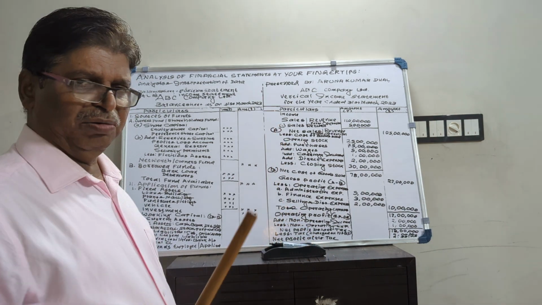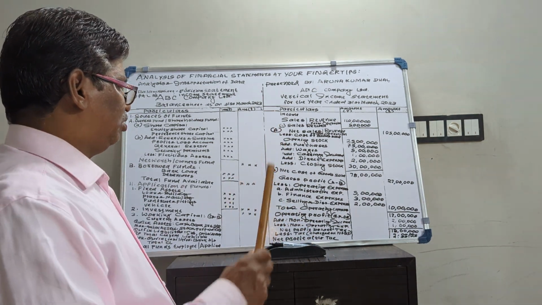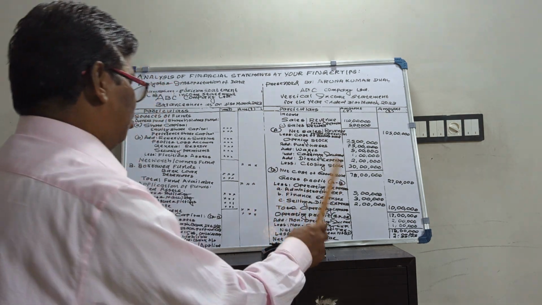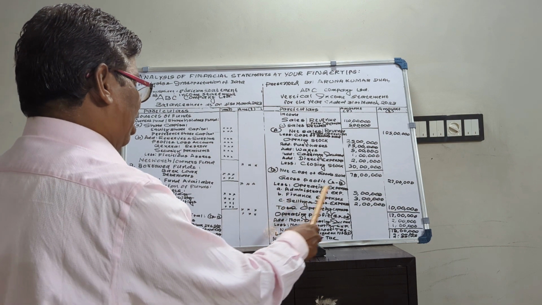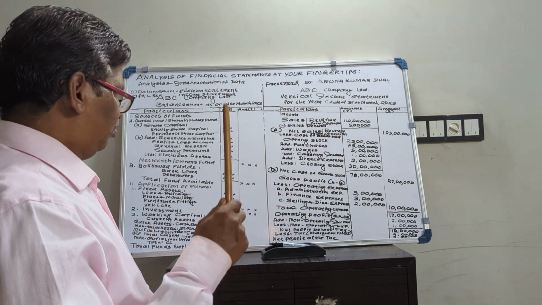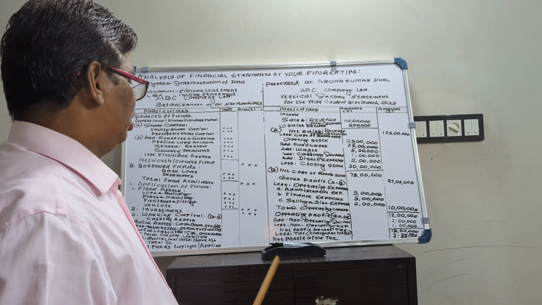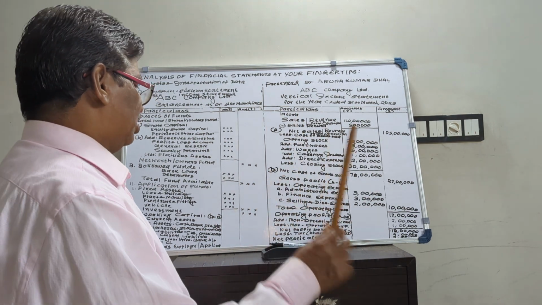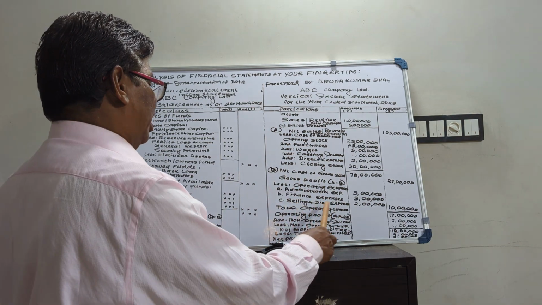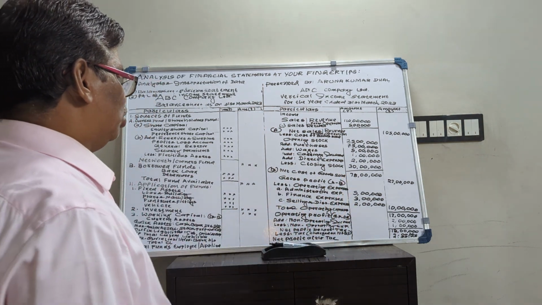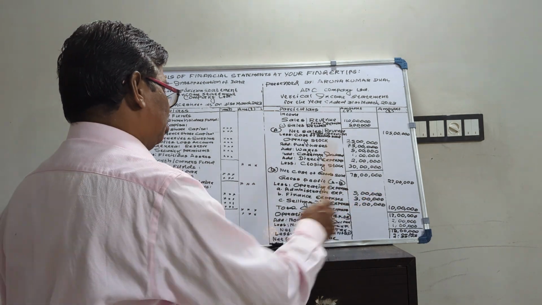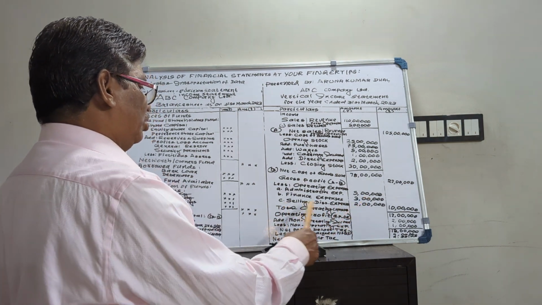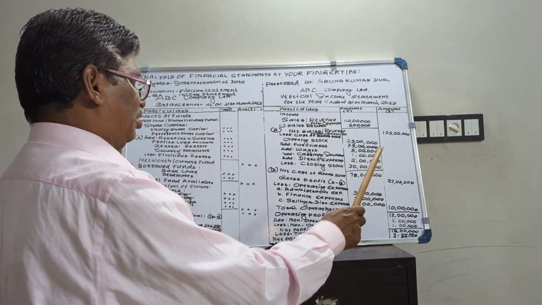Then selling and distribution overhead, all expenses related to salesman salary and advertisement expenses, discount on sale of goods, then commission to the salesman, all are selling and distribution expenses. So administrative expenses 5 lakh, finance expenses 3 lakh, selling and distribution 2 lakh, so total operating expenses 10 lakh.